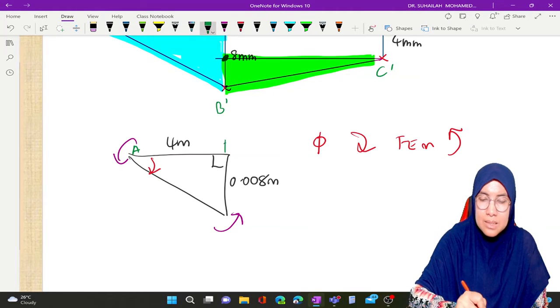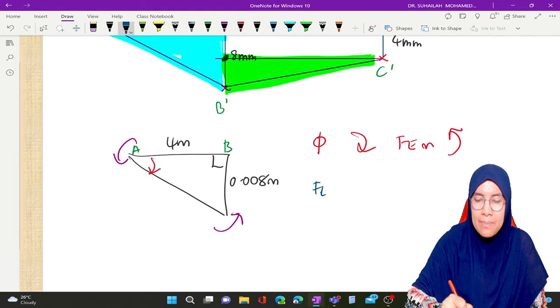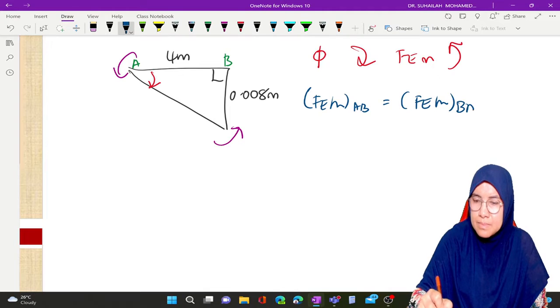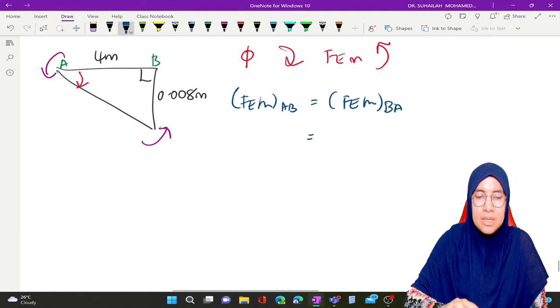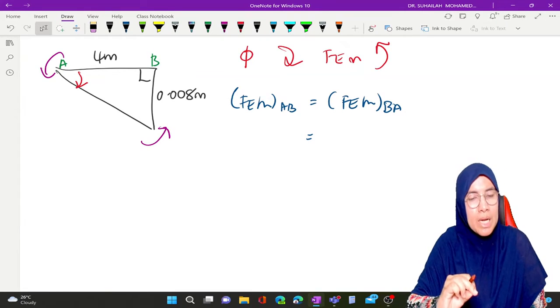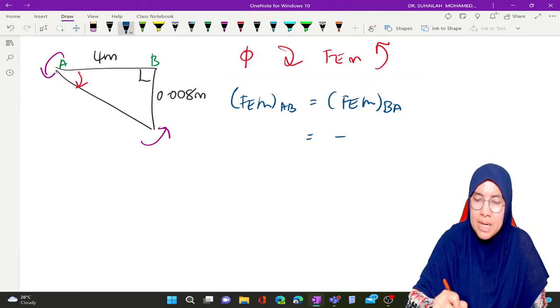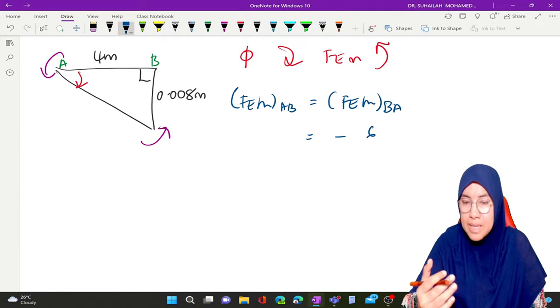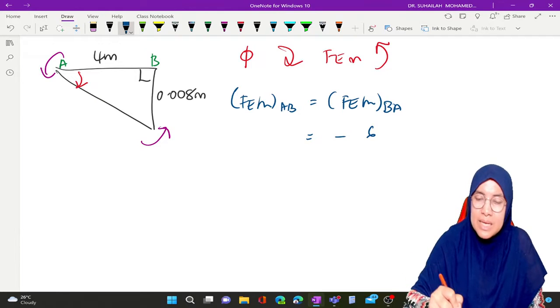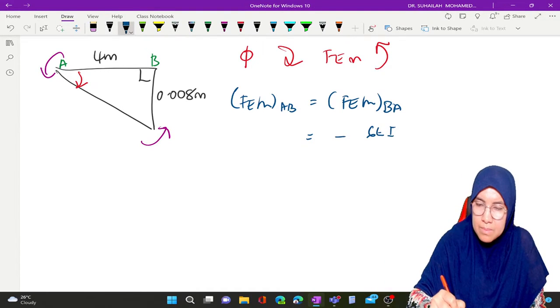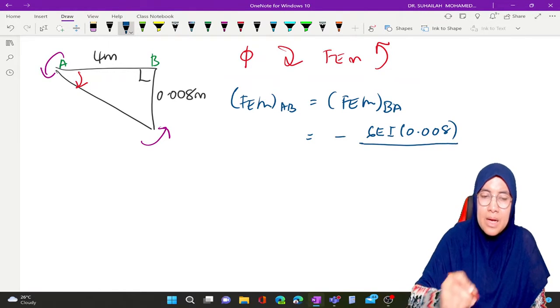So how to calculate this? This is A, this is B. FEM for AB equals FEM for BA, and we should get a negative moment, so we put negative. The fixed end formula is 6 EI delta over L squared: 6 EI times 0.008 divided by 4 squared.